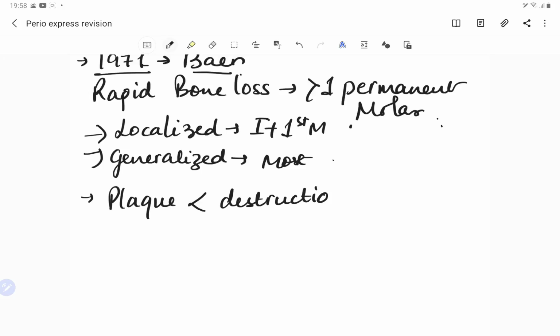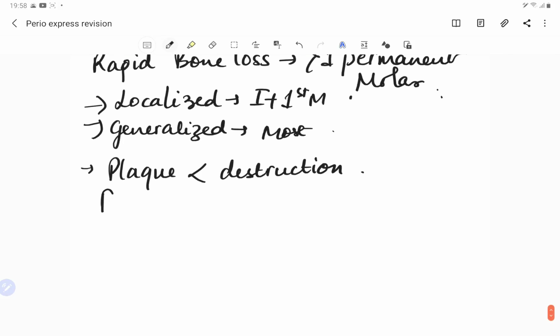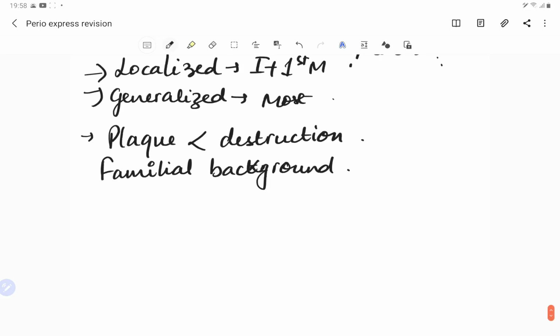So both are unequal. He also said that the disease had a circumpubertal onset, and that it has a familial background. That means genetic involvement is what we see in case of aggressive periodontitis. He also said that this disease can be self-limiting.